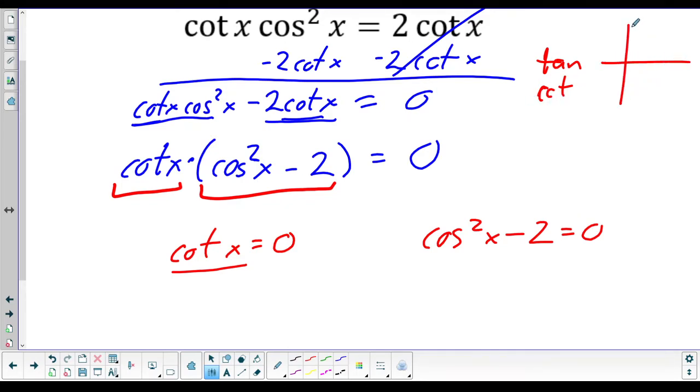Cotangent looks like this. So right there where it equals 0, that's the only place it's going to equal 0 on this whole section. So there's only one solution. It happens at x equals, I believe it's pi over 2, yeah. Okay.